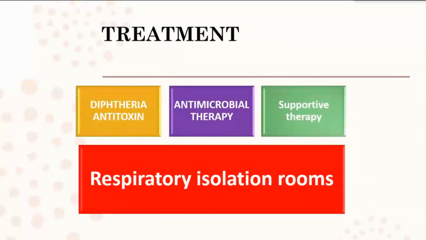Number one, diphtheria antitoxin, to neutralize the toxins to prevent the development of polyneuropathy and myocarditis. Antimicrobial therapy, supportive care, including debridement and airway protection. And the most important is respiratory isolation, because it is an aerosol or airborne disease. So the patient should be nursed in an isolated room, because the disease is infectious. So these are the principles of treatment.